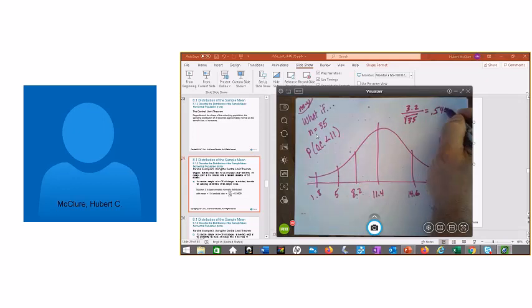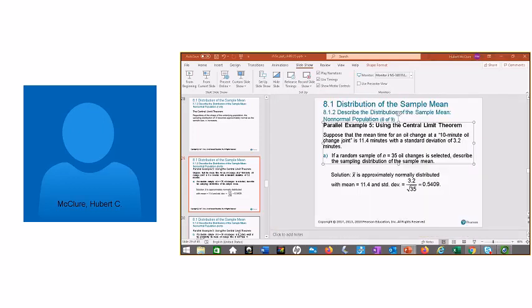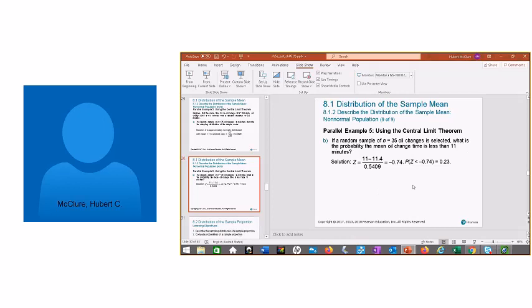And that technically is your new standard deviation. What does the new standard deviation do? Well, that's the next slide. The new standard deviation gives you a new z-score.